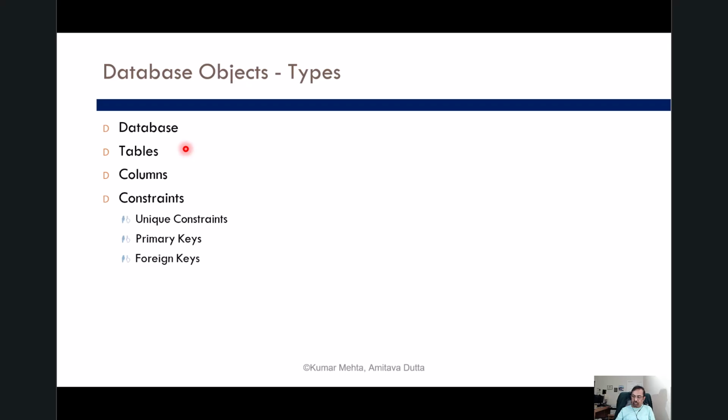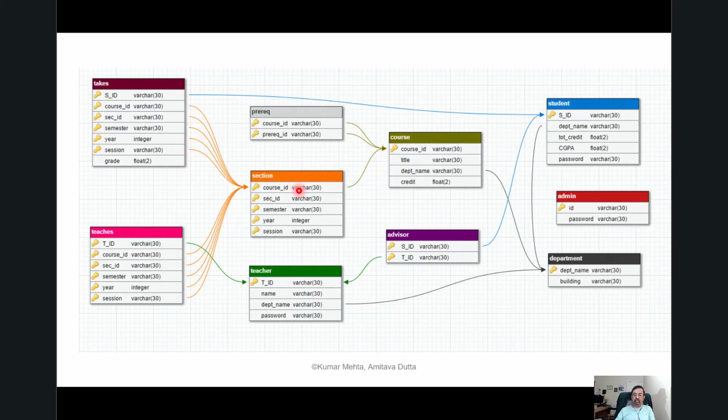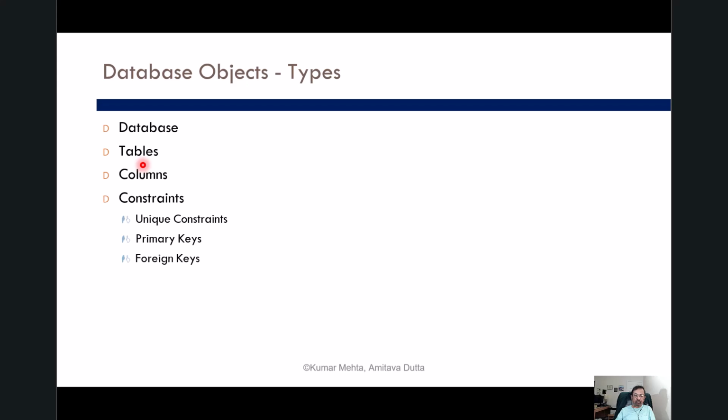And then we saw in our example that tables, for example course, teacher, and this other table called take, all of these tables or entities have attributes. Okay, so another database object that I need to be able to create is an attribute, which is a column.